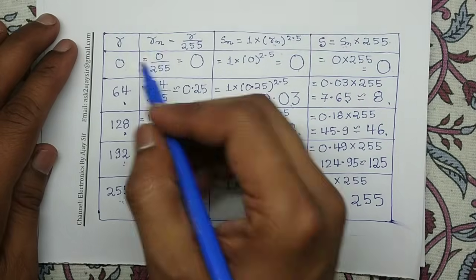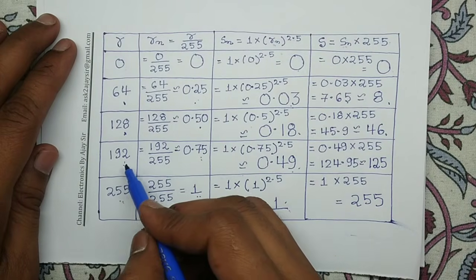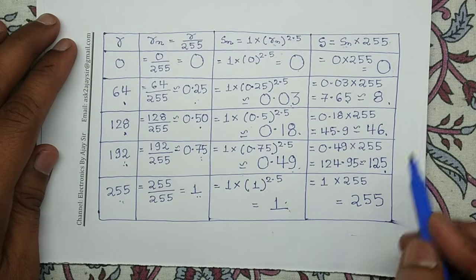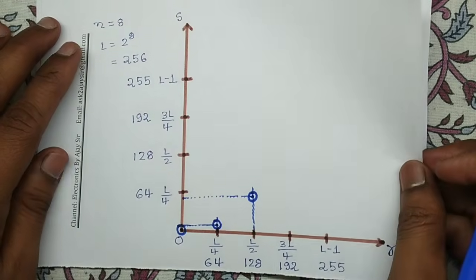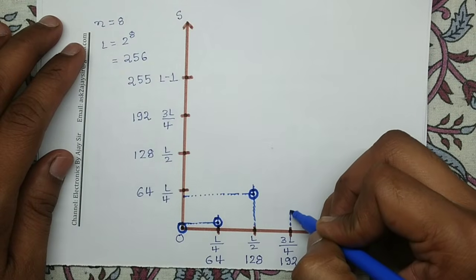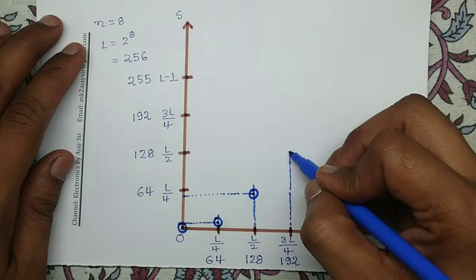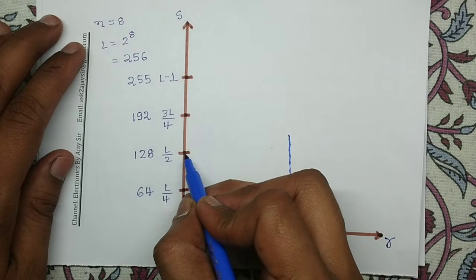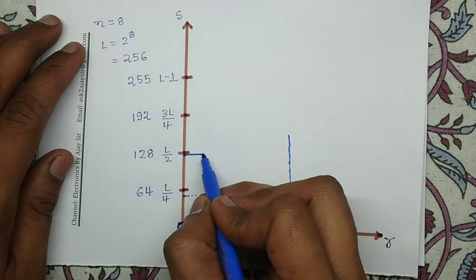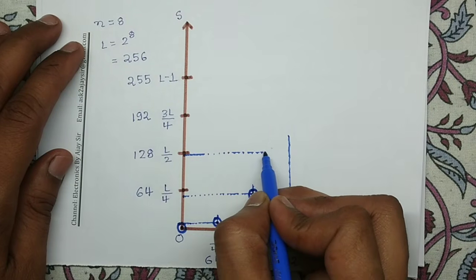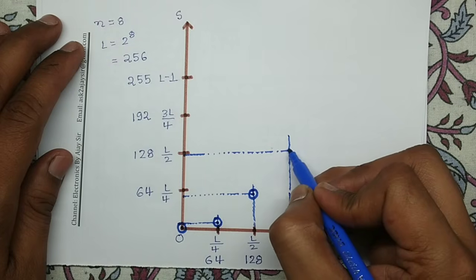Next, when r equals 192, s equals 125, very close to this point L by 2, tentatively representing this point.